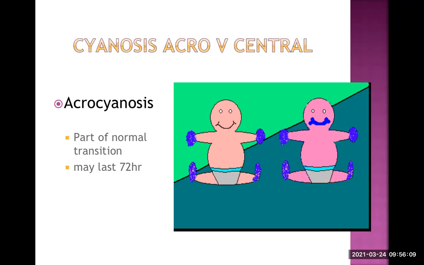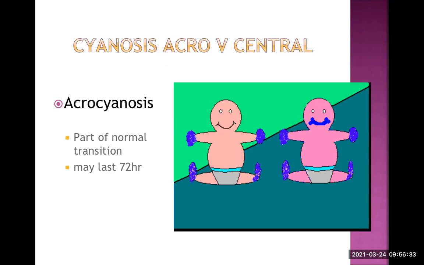See here, when a baby is delivered, as we talked about in the Apgar score, for a few hours the hands and feet of the baby are quite cold and cyanotic. This is typical acrocyanosis.